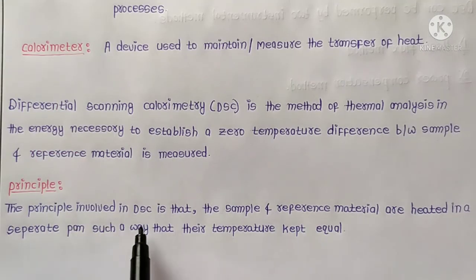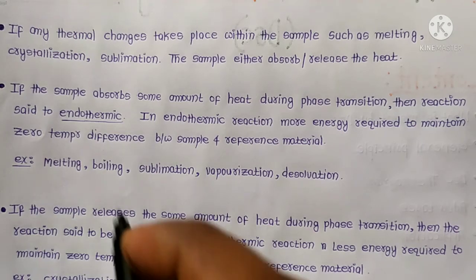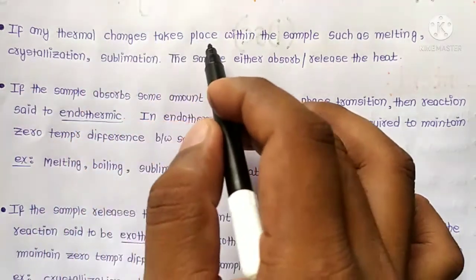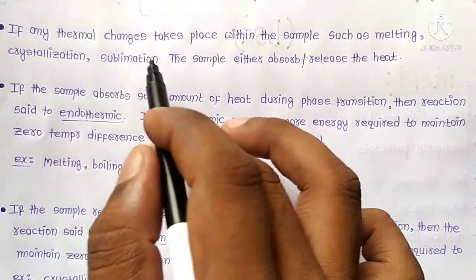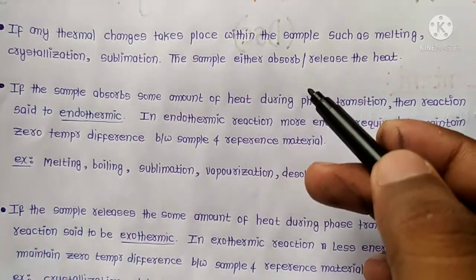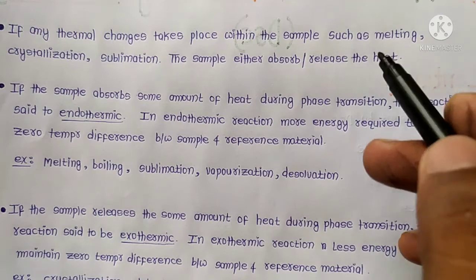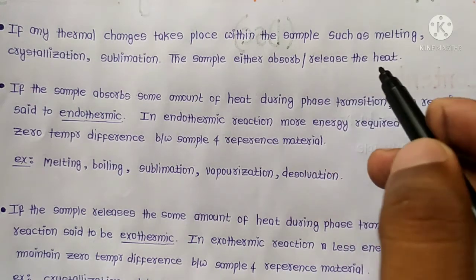Now let's see the general principle behind differential scanning calorimetry. The principle involved in DSC is that the sample and the reference material are heated in separate pans in such a way that their temperature is kept constant or equal. If any thermal change takes place within the sample, such as melting, crystallization or sublimation, the sample either absorbs or releases heat. We already discussed this in TG and DTA.